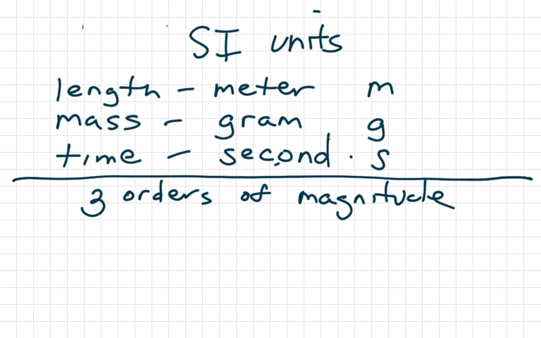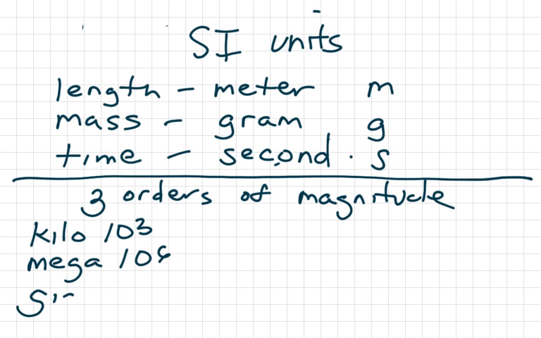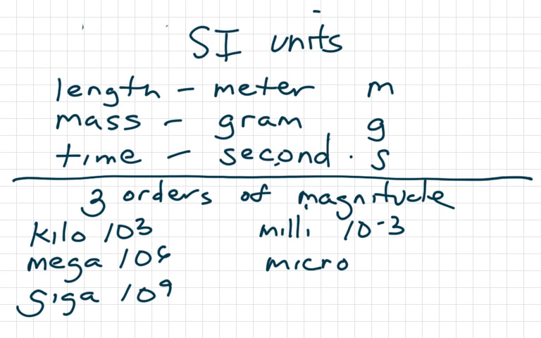So if we're going up, we'll use the kilo, and that's 10 to the third, or the mega, 10 to the sixth, or the giga, 10 to the ninth. And if we're going down, we use the milli, 10 to the negative 3, or the micro, 10 to the negative 6, or the nano, 10 to the negative 9th.